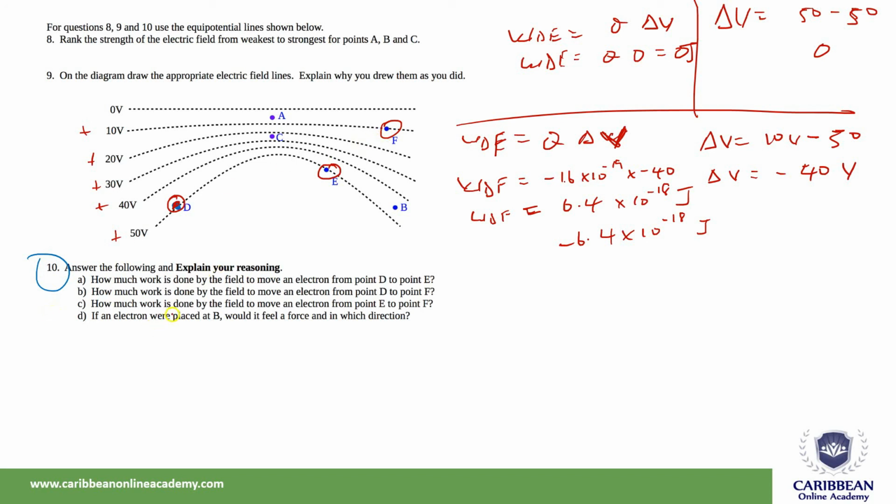It says how much work is done to move an electron from E to F. E to F will be the same thing, because you would have calculated the same thing.